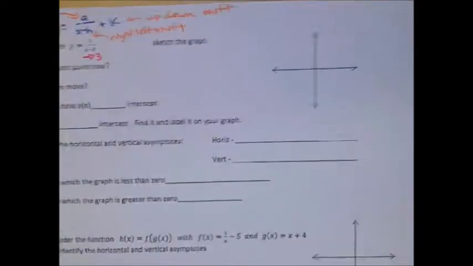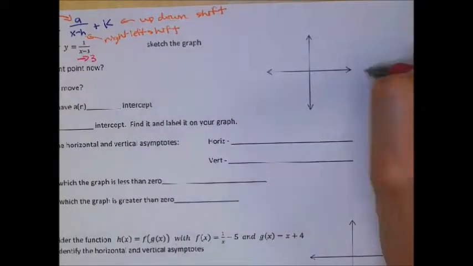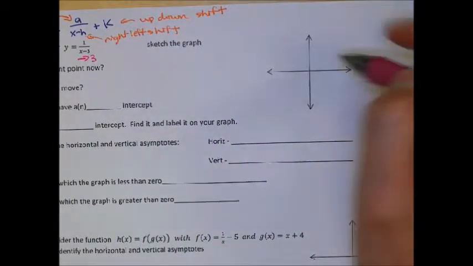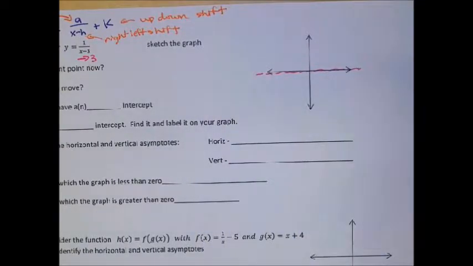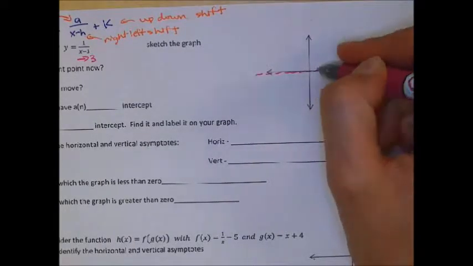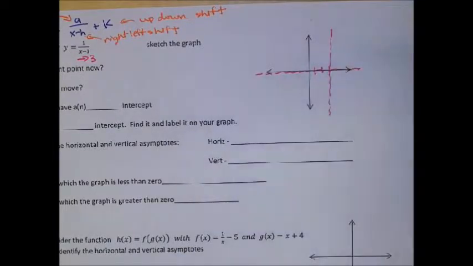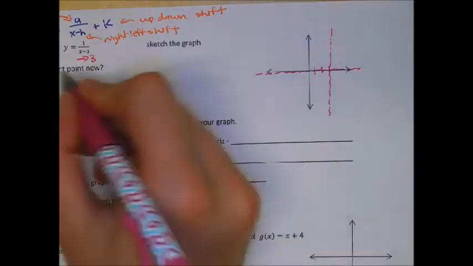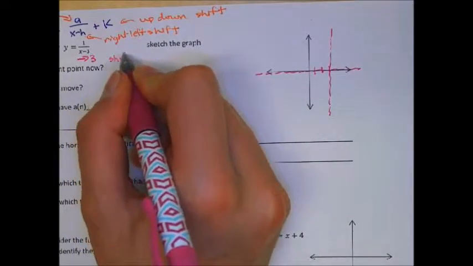So we know that my horizontal asymptote is right here. Is that going to move right and left? Not really. We also have our vertical asymptote, but that is going to move right 3. So when we move, we're shifting the asymptote.